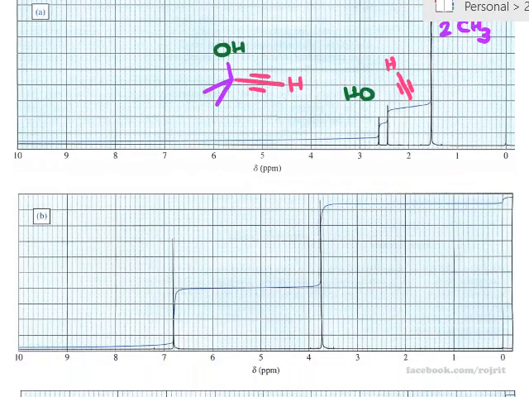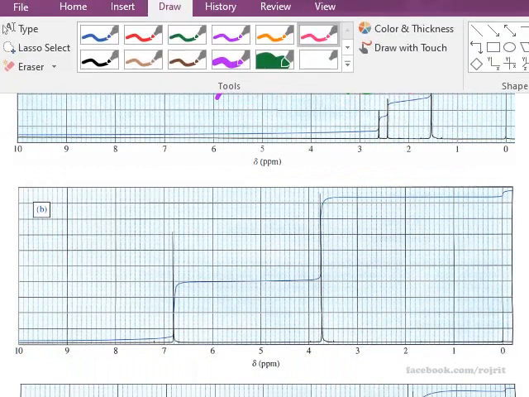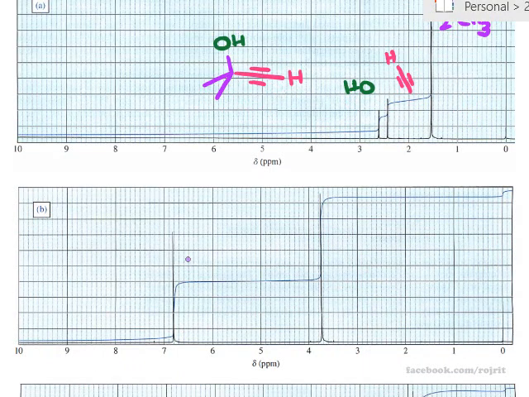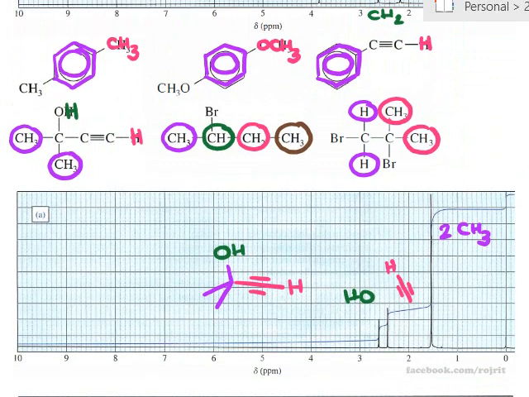Next, 2 types, and it's at 7. So at 7, meaning that you have a benzene ring. Then 3 something. So for the benzene ring, the first 3 molecules contain a benzene ring. But for the first one here, CH3 should appear at about 2 ppm, if you can remember.